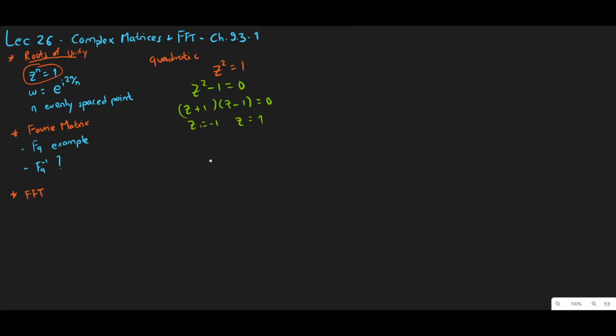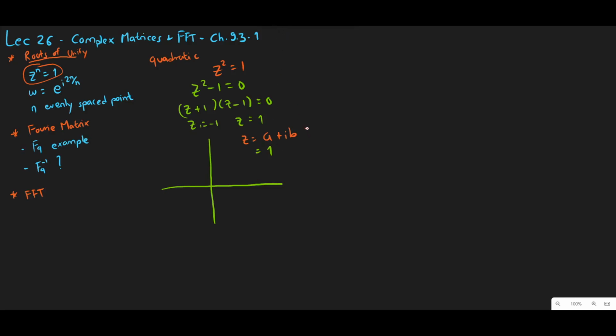Okay, and if I draw this in the complex plane, then what do I have? Remember from the previous note, z is also equal to a plus ib, and here we have z is 1 plus 0i, right?